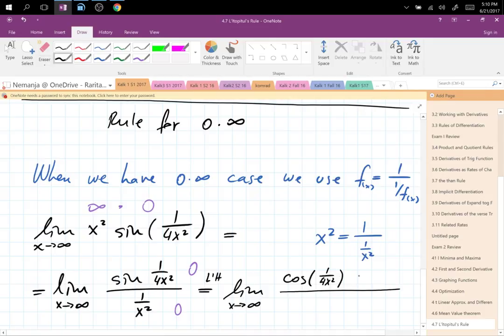So that's going to be negative 1 and then 1 over 4x squared to the negative 2. And then the derivative of the inside is what? 8x. That goes here. Not negative 2 squared.